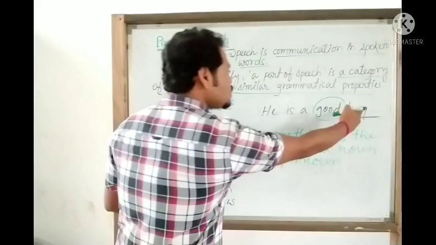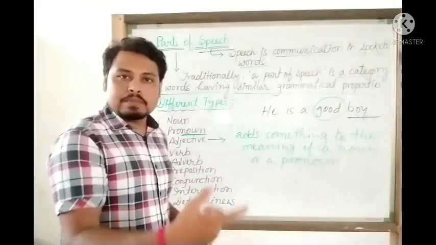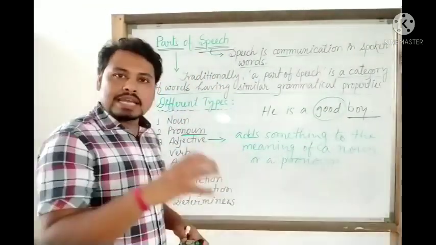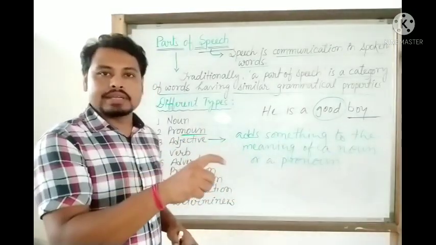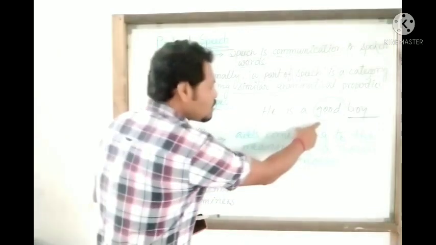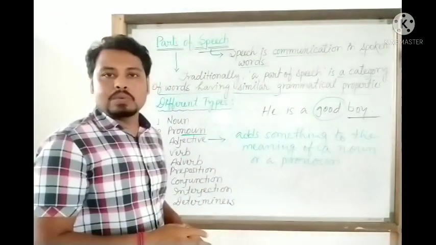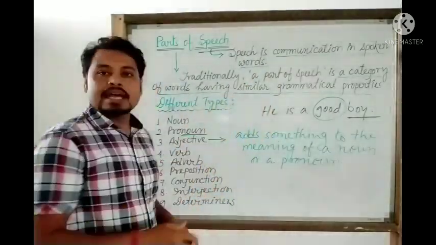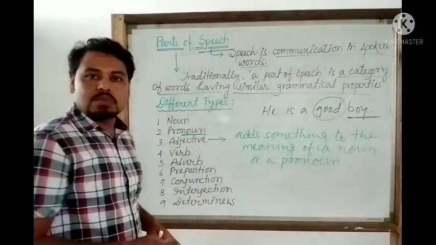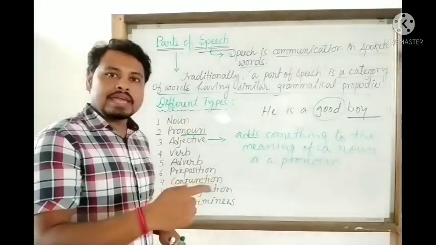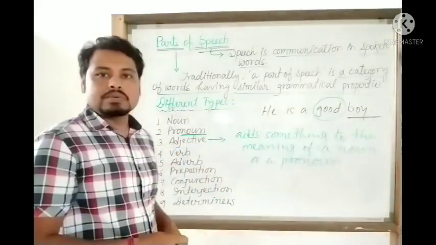That word is actually adding to the meaning of the boy. That means it is telling something about the boy. It is saying that that boy is a good boy. That means this particular word is qualifying the noun. So that is why this is an adjective. So adjectives are actually the words that qualify a noun or a pronoun.